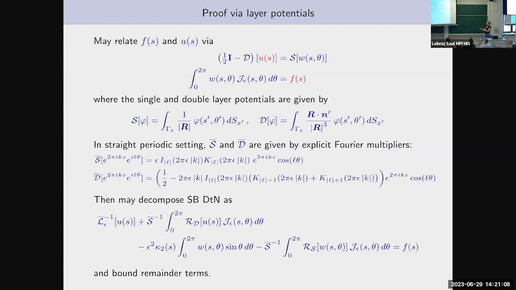So for these single and double layer potentials in particular, we can explicitly calculate how they act as Fourier multipliers, and then use that to decompose our slender body Dirichlet to Neumann operator as a straight operator plus some remainder terms that we can bound using this explicit information plus some singular integral estimates.